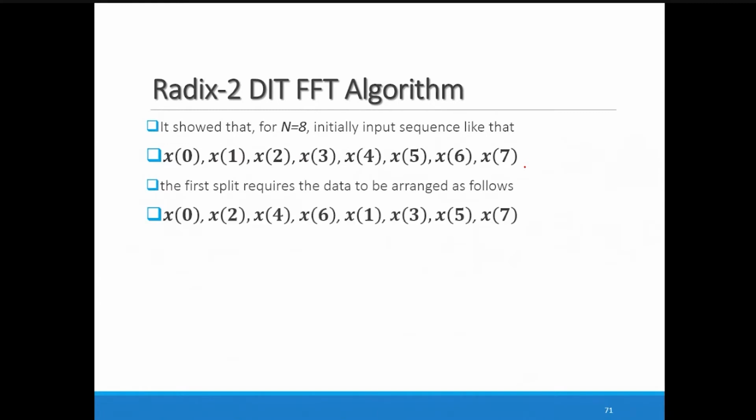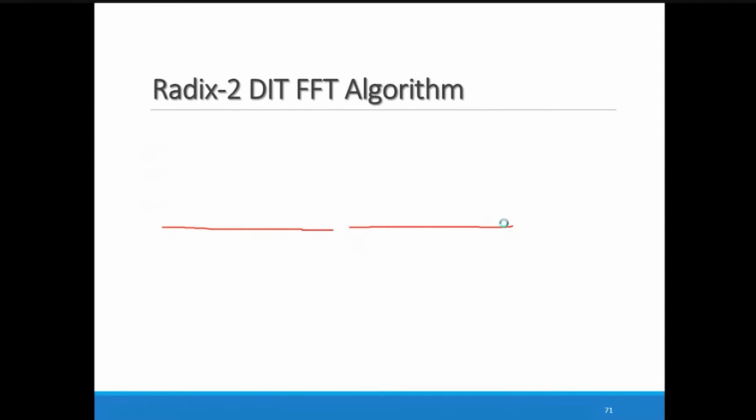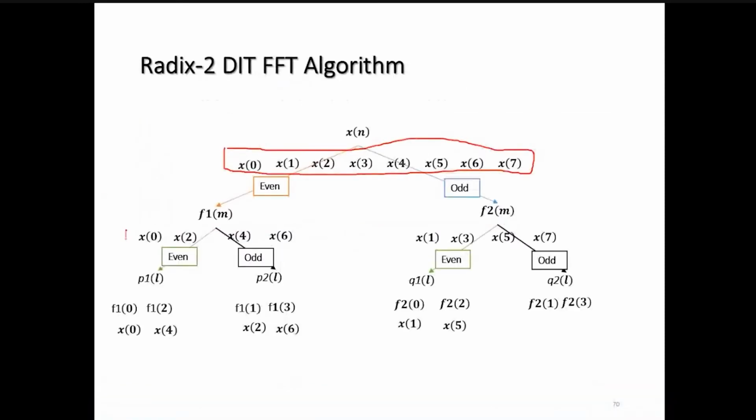As we divide the data into even and odd terms, the splitting will result in the data x0, x2, x4, x6, and then x1, x3, x5 and x7, which is shown over here also.